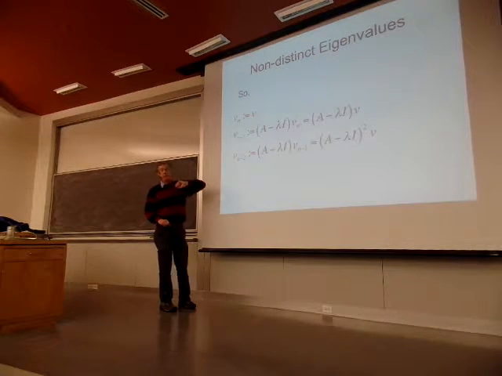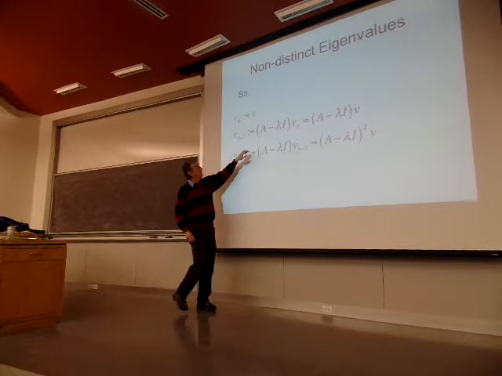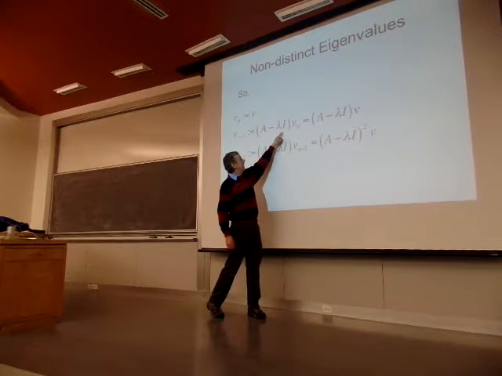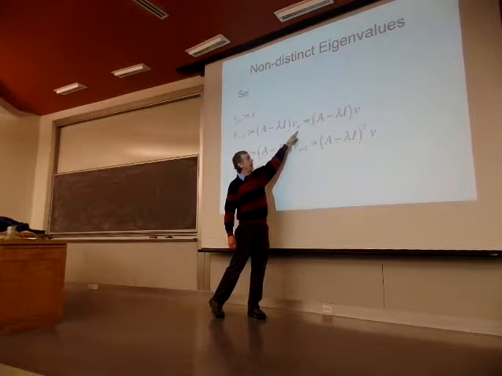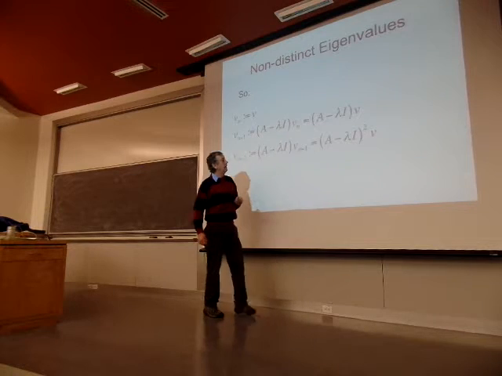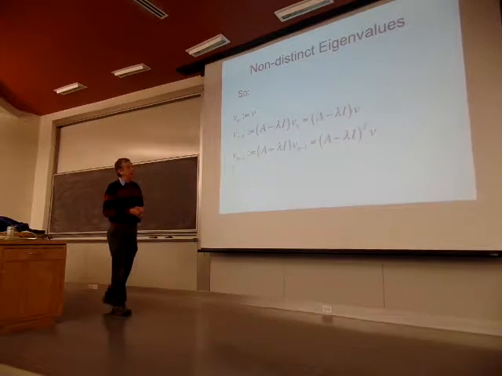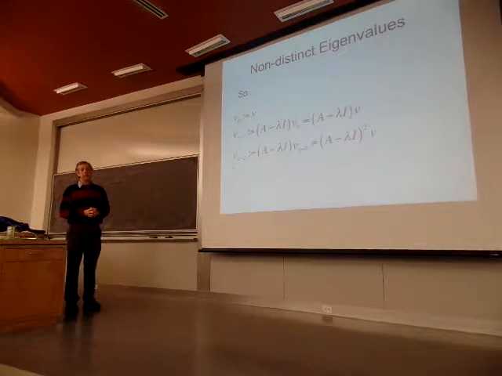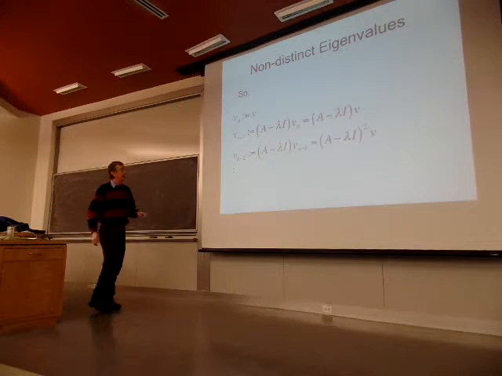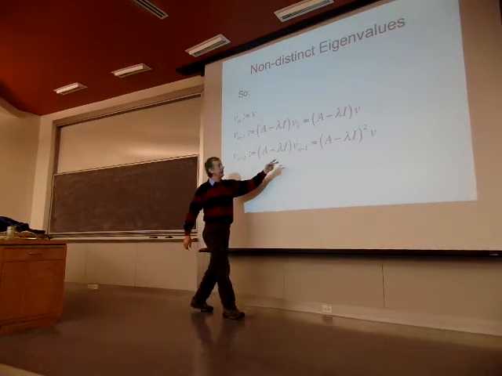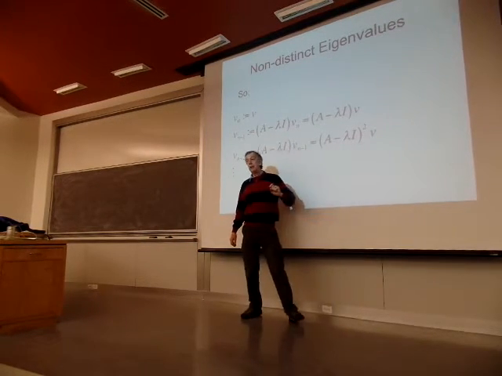First one will be the eigenvector. Second one is A minus lambda I times the first eigenvector, which will be equal to my original structure here. A minus lambda I times the eigenvectors. The next one is this squared times the original eigenvector.